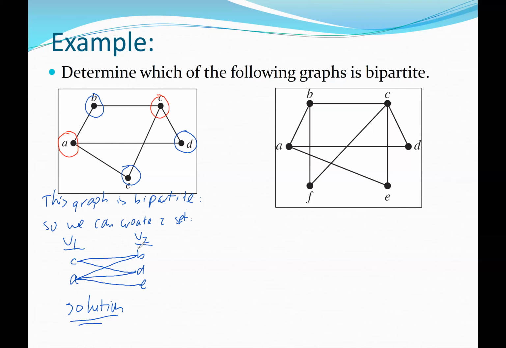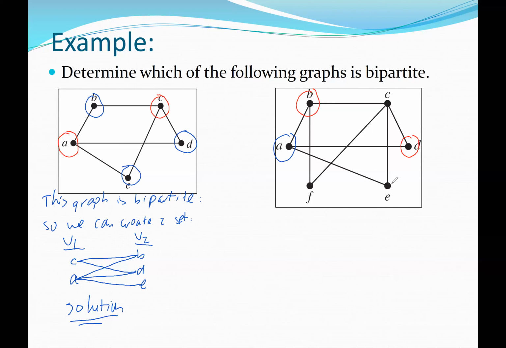So second example. Again, you can start with any color, right? So I start with A is blue. Let's see what the neighborhood of A is. The neighborhood of A includes B, so B has to be red, and A also has D as a neighbor, so that's also red.